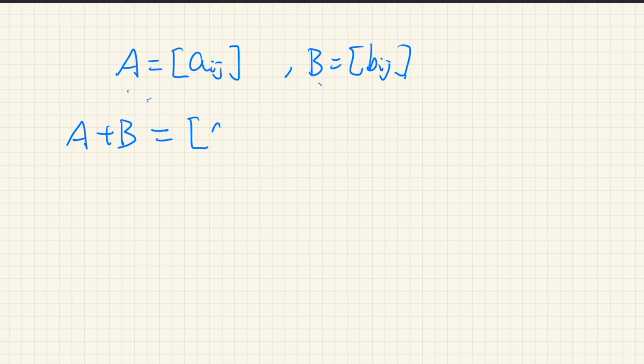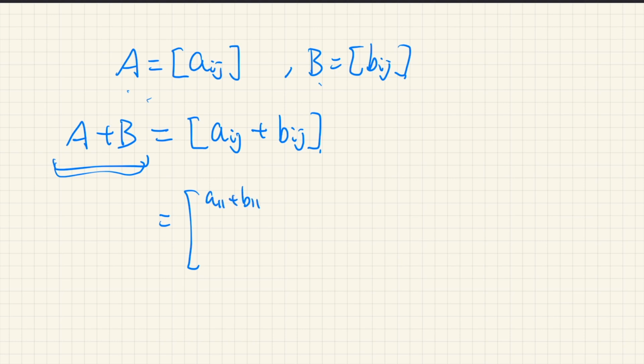This is defined element-wise. So the ij element of this new matrix, A plus B, is a_ij plus b_ij, which means the 1,1 element of this new matrix A plus B is a11 plus b11, and the 1,2 element of this new matrix A plus B is a12 plus b12, and so on.